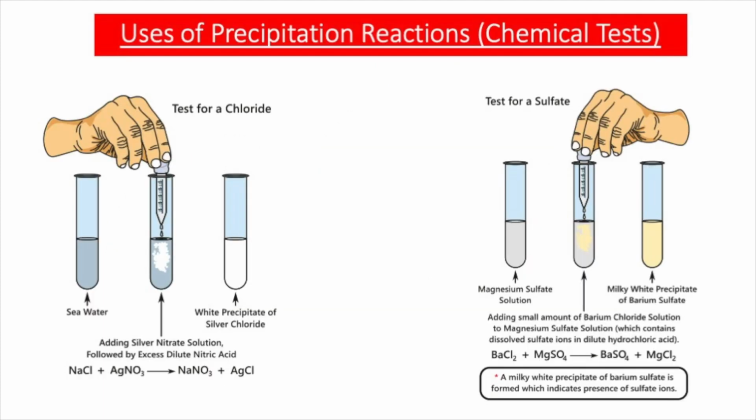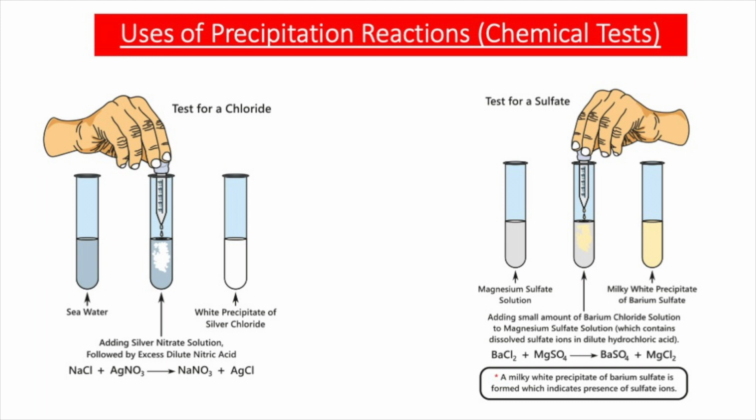Now, in previous lessons, we've learnt that precipitation reactions are often used as chemical tests, and specifically to test for the presence of different ions. So, for example, a chloride ion can be tested by using silver nitrate. If you add silver nitrate to any solution that contains a chloride ion, for example sodium chloride, you would form silver chloride, which is a white insoluble solid, and that is called a precipitate.